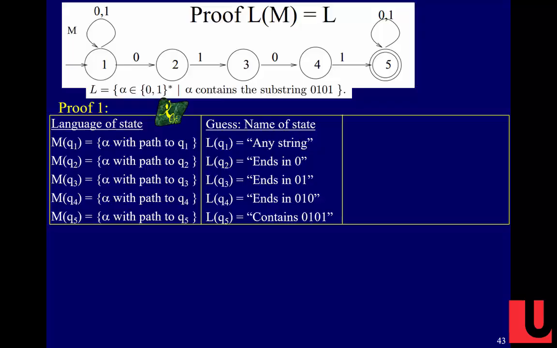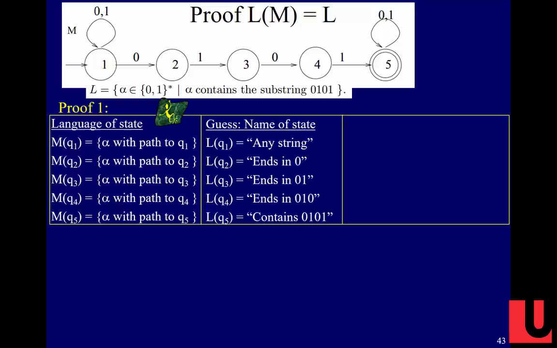In that case, you want to be able to say, well, it ends in 0, but it doesn't end in 0, 1, 0. You put those "doesn't" so that you make them disjoint. Does that make sense? But if it's an NFA, then a single string can arrive at more than one state, and so the sets don't have to be disjoint.